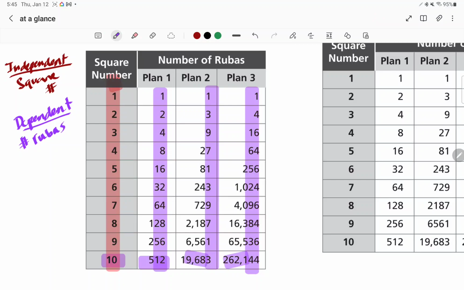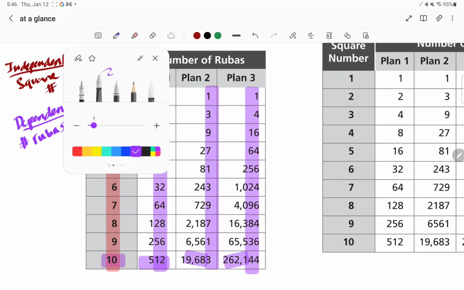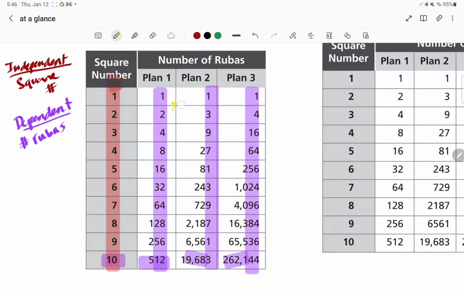Then part B says, how are the patterns of change in the number of rubas under plans 2 and 3 similar to plan 1? Well, if you look, the change is multiplicative. This was times 2, times 2, times 2. And in this one, the change is times 3, times 3, times 3. And plan 3 is times 4.